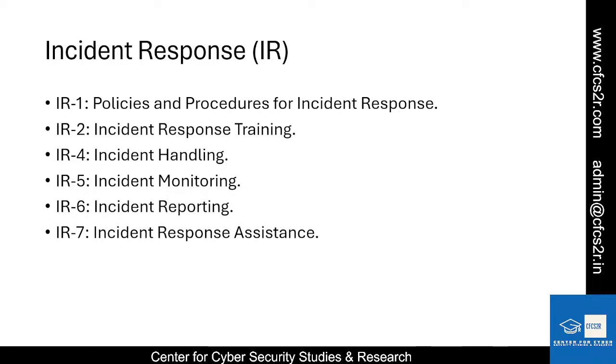They should include the basic functionality like adequate preparation, detection, analysis, containment, how you are going to recover from it, and what the user response activities are. You also need to track, document, and report the incidents to appropriate organization officials and authorities. All these things should be part of the incident response mechanism.